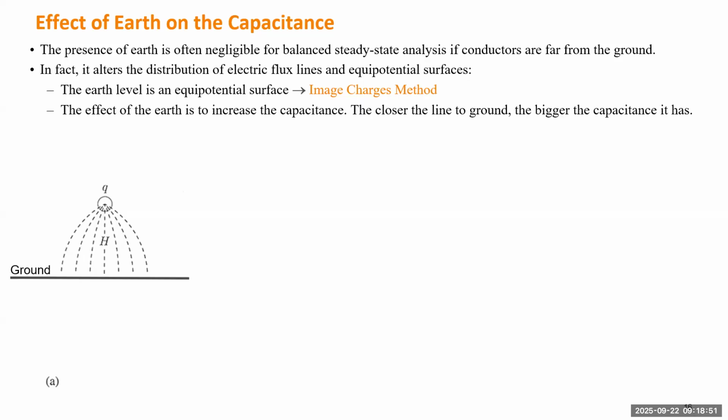Okay, so the method is called the image charge method. The image charge method means that instead of considering just a single conductor in this more complex electric field, we add another conductor as the image of this conductor.